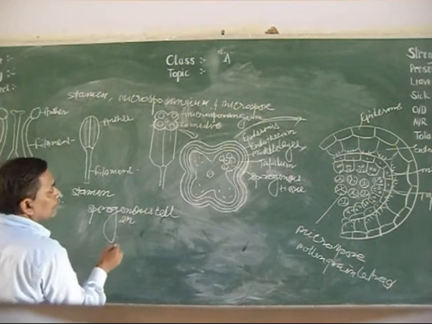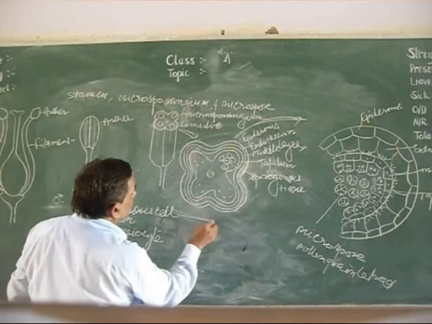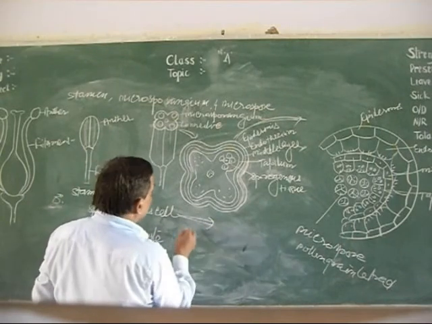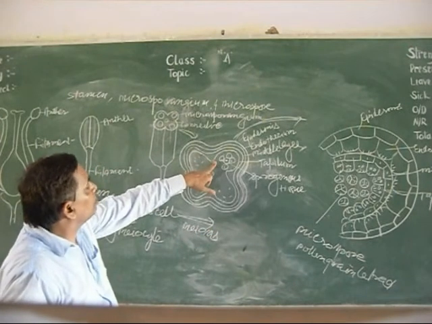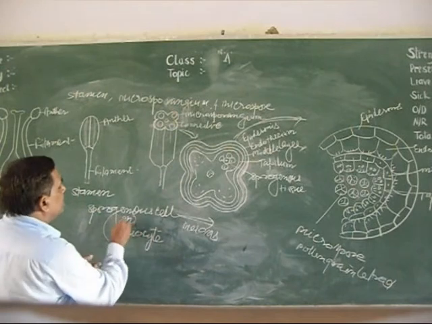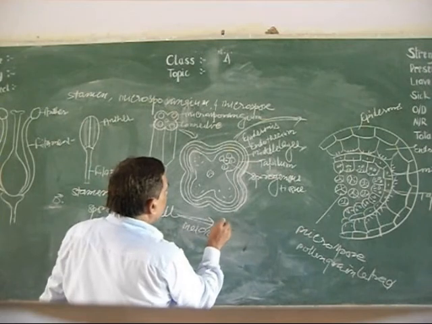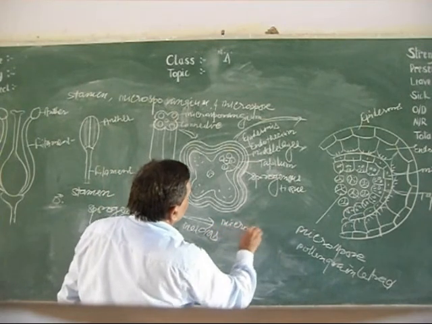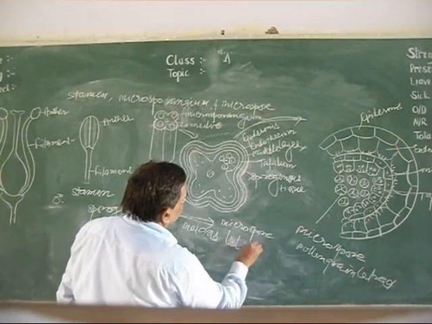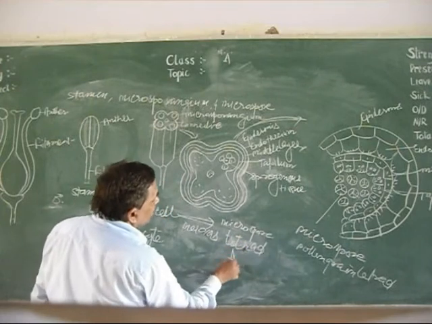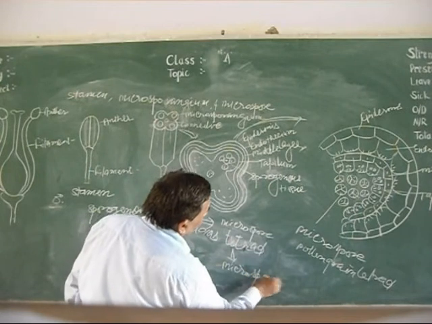This is 2n, called the microspore mother cell. Each undergoes meiosis division, so a large number of sporogenous cells each undergo meiosis, and each produces 4 microspores, a microspore tetrad. Now the microspore tetrad gives rise to microspores.